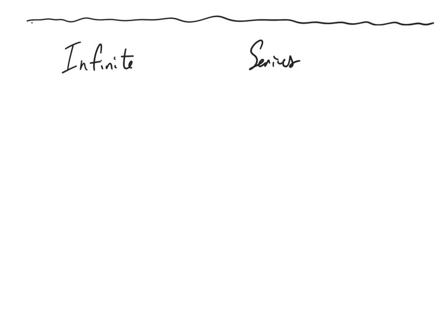Now there are some restrictions that have to be true for this to work. First of all, we can do it with certain types of geometric sequences, not all, but only certain types.